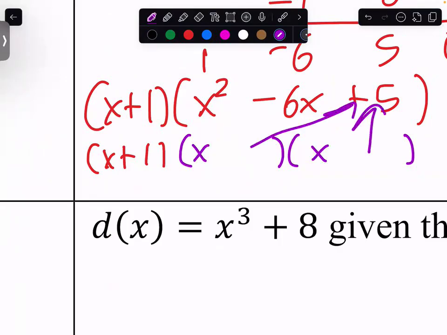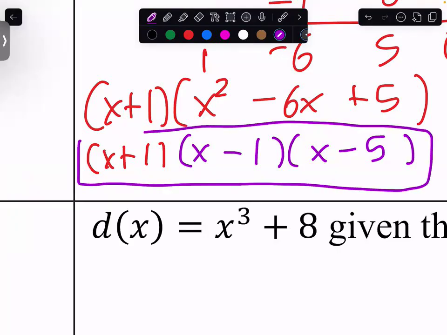This spot times this spot multiplies to 5. So the immediate thought would be positive 1 times positive 5. But because the middle term is negative, I know it's going to be -1 and -5, right? 2 negatives still multiply to a positive, but they would add to a negative in the middle. Okay, and yes, it's okay if you switch the order of the parentheses. But yeah, those are the 3 factors.